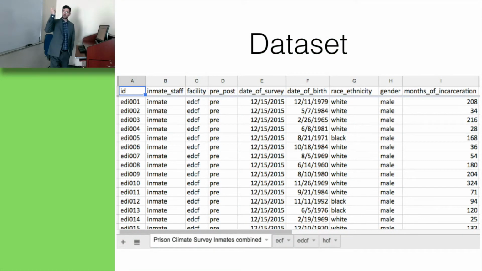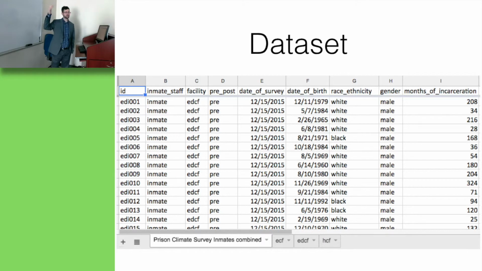So once we have units of analyses, and once we have variables or things that we measure about them, we can then load that information into what's known as a database. So this is an example of a database. This is a database for a study that I conducted a few years back. In this study, I went to several correctional facilities and I interviewed inmates and guards.